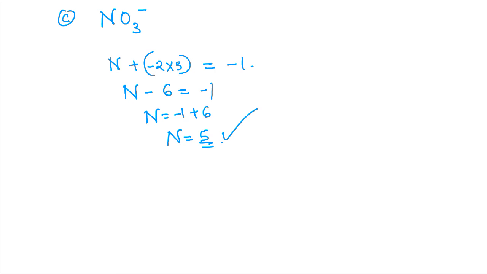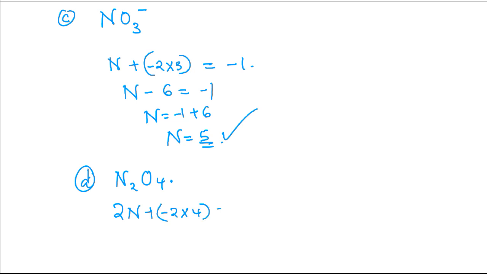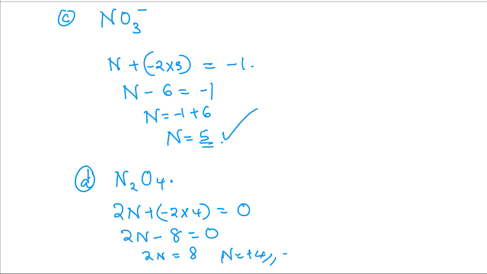Because when we talk about dinitrogen tetraoxide, then that is 2N plus -2 times 4 of them equals 0. 2N - 8 equals 0. 2N is 8, and N is therefore +4. So the oxidation number of nitrogen there is 4, hence the name dinitrogen tetraoxide.